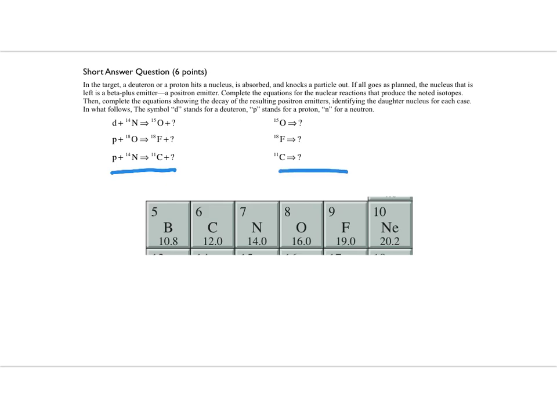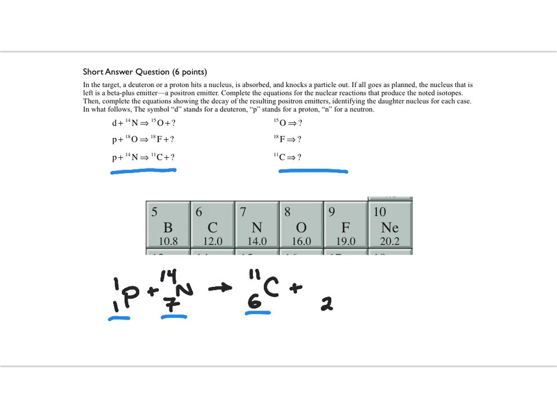So let's think about the decay. A proton is a nucleus of hydrogen, so it's got one proton, one nucleon, plus nitrogen-14, nitrogen's atomic number 7, 14 nucleons, turns into carbon-11, carbon's atomic number 6, plus what? Coming in, I had 1 plus 7, 8 protons. I've got 6, so what's left over is 2 protons.